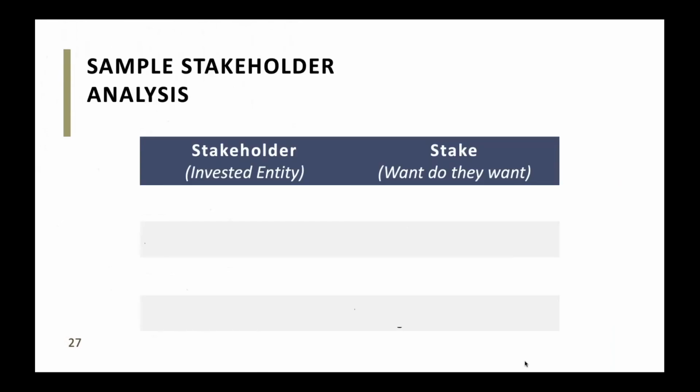The other thing that you can do is a stakeholder analysis. One benefit of a stakeholder analysis, and it doesn't have to be done in a highly formal way, it could be slightly informal, is understanding that every stakeholder has a stake. Every person who's invested has something that they want out of that, and they have slightly different perspectives.